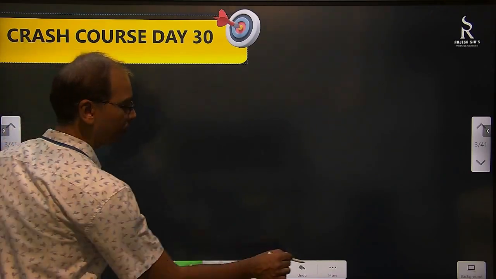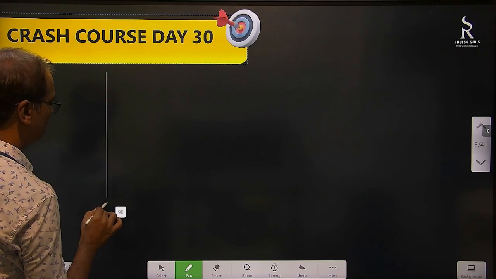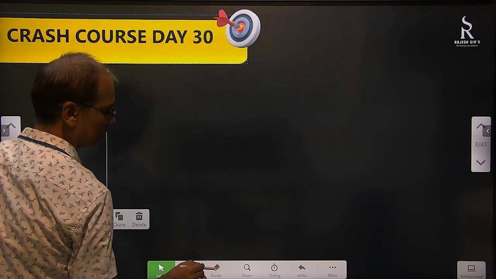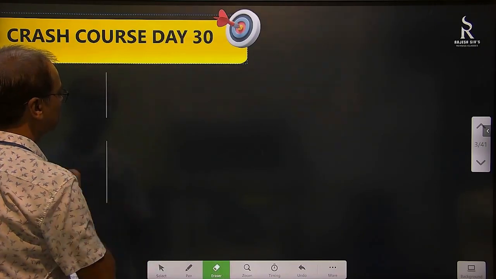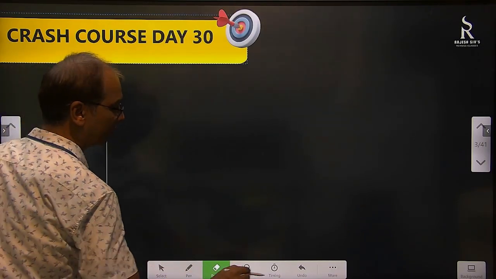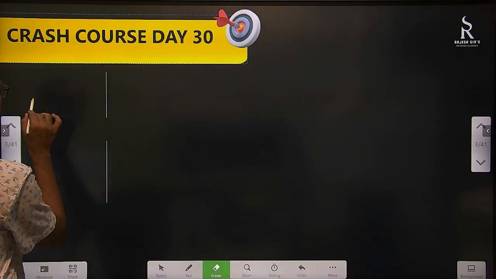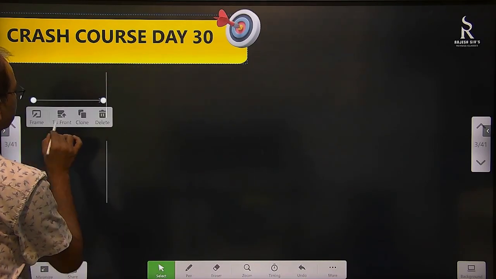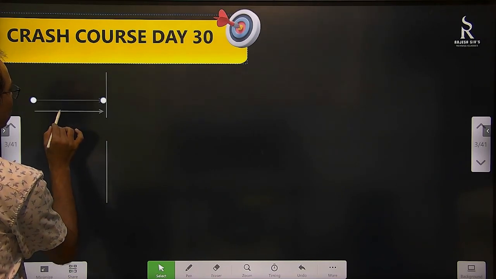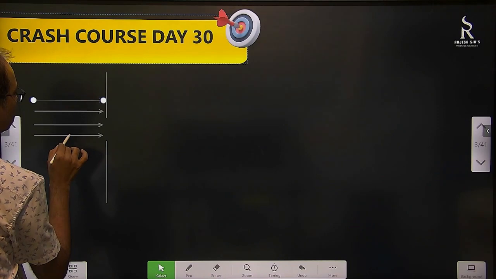So suppose here we take an opening. From this side plane wave fronts are coming. We can show this is how the light is coming.